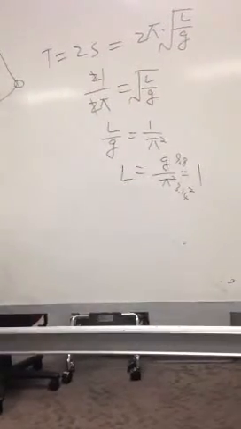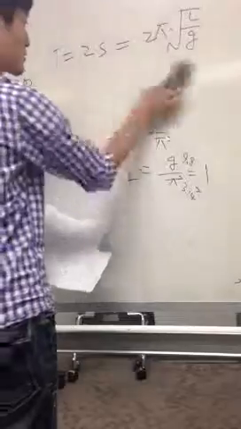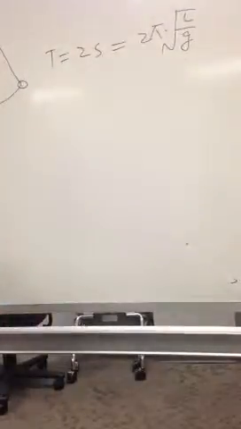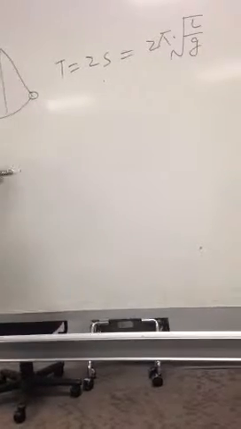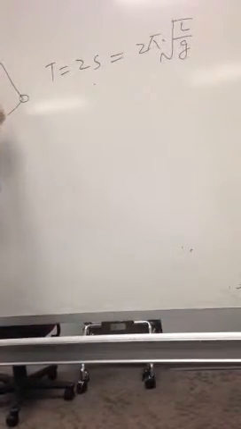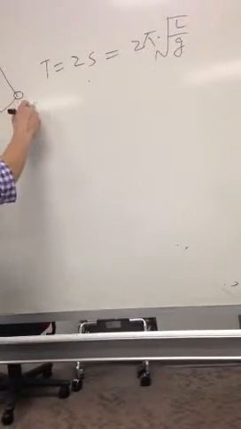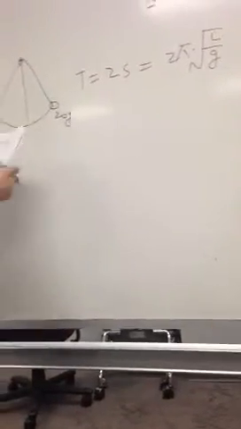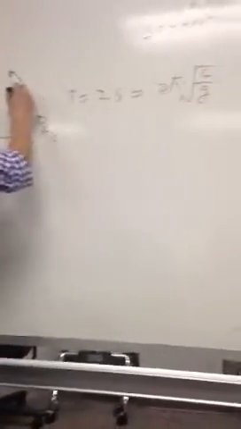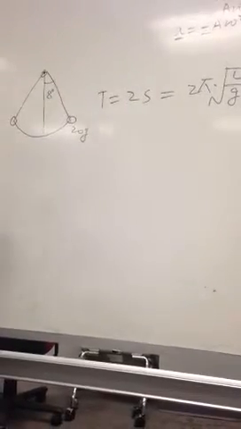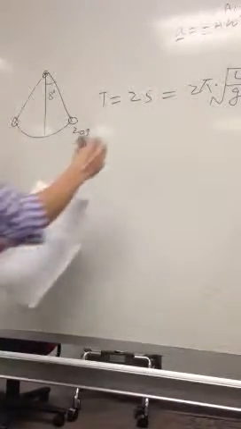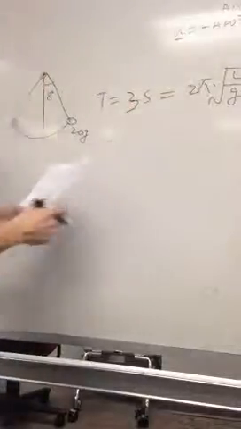The next one is quite similar to this one. It's also a simple pendulum consisting of a 20-gram mass and an initial angular displacement of 8 degrees. And then you release it, it starts to oscillate with a period of 3 seconds.